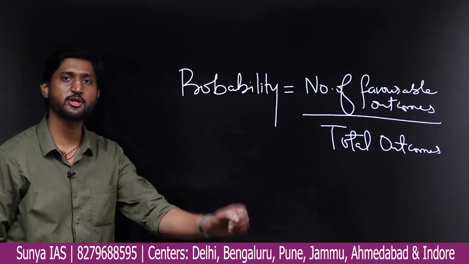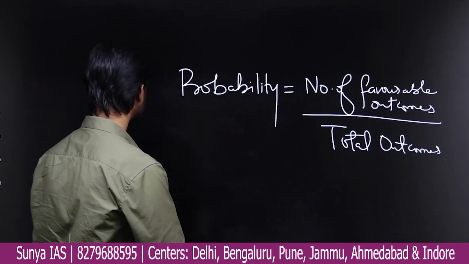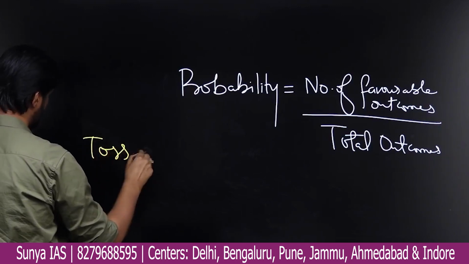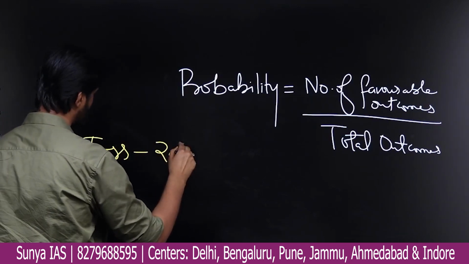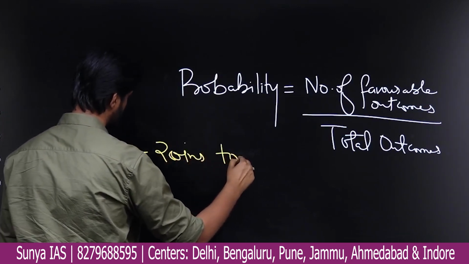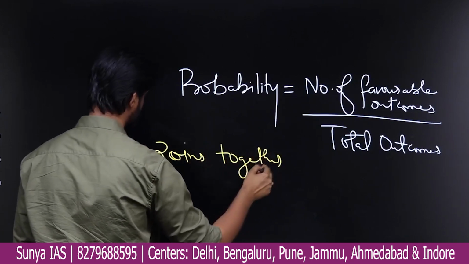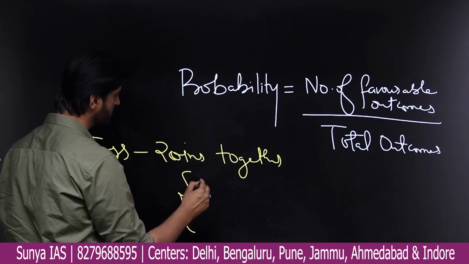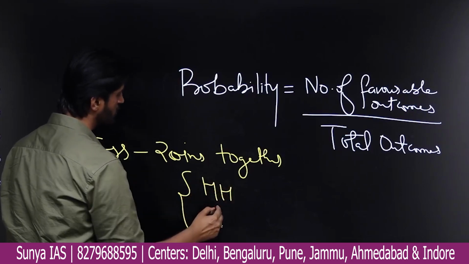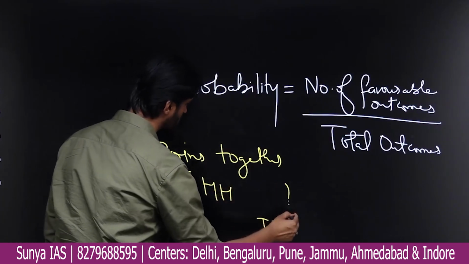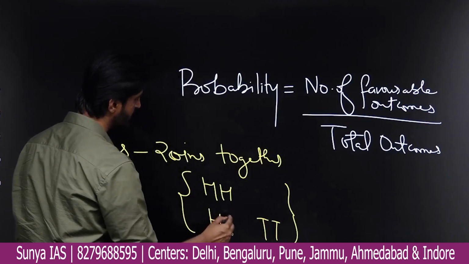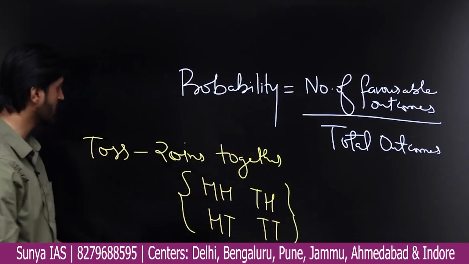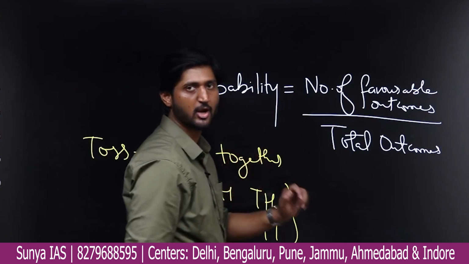Let's say you are tossing two coins together. If you toss two coins together, what are the different options you can have? Either you can get a head on both, you can get a tail on both, or you can get a head and tail, or you can get a tail and head, right? These are the four possible outcomes.